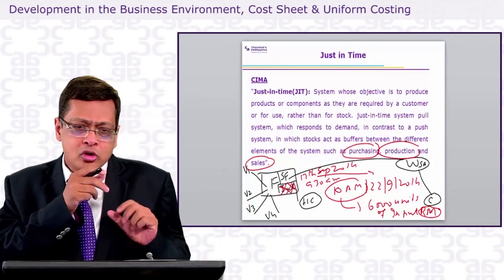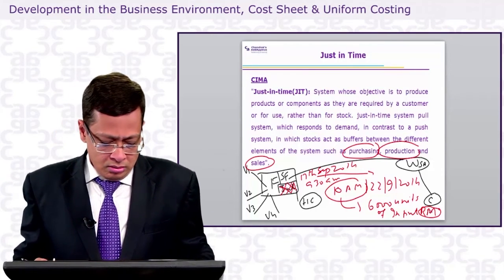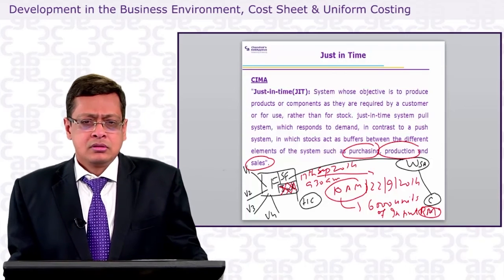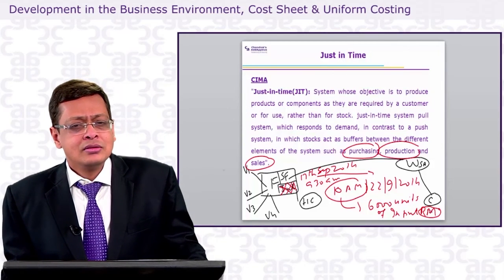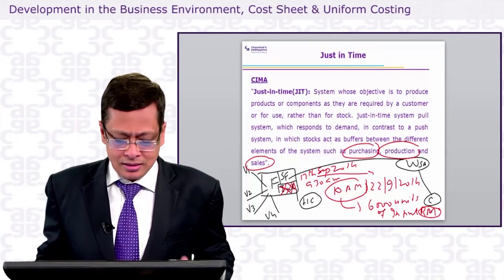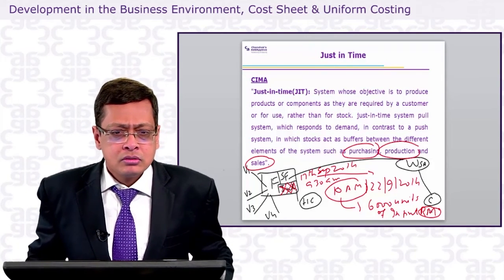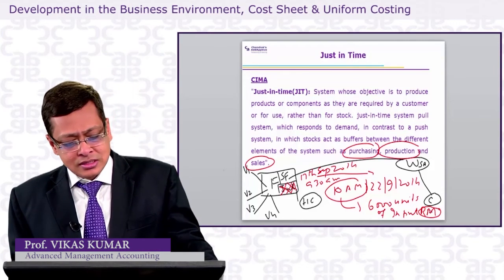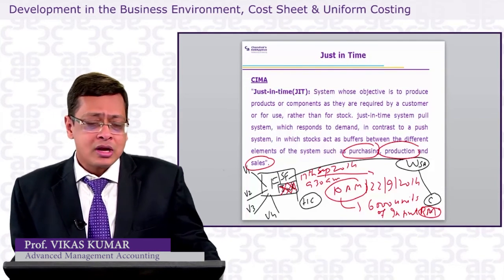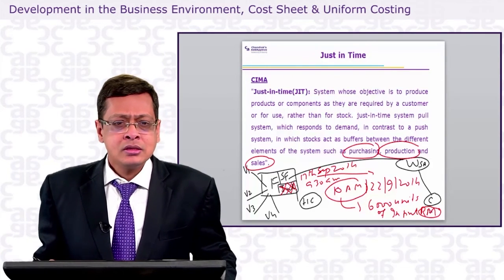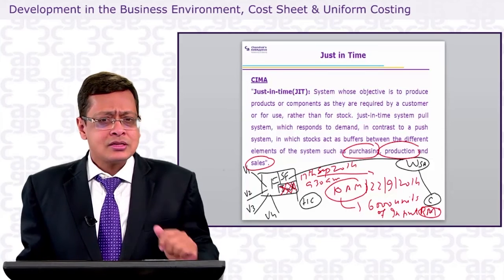So you were procuring the thing, and there was an entire procedure involved. Now you have created a pattern under which you are getting the thing right at the shop floor. So now your purchasing system is streamlined, and production cost is reduced because there is no storage.